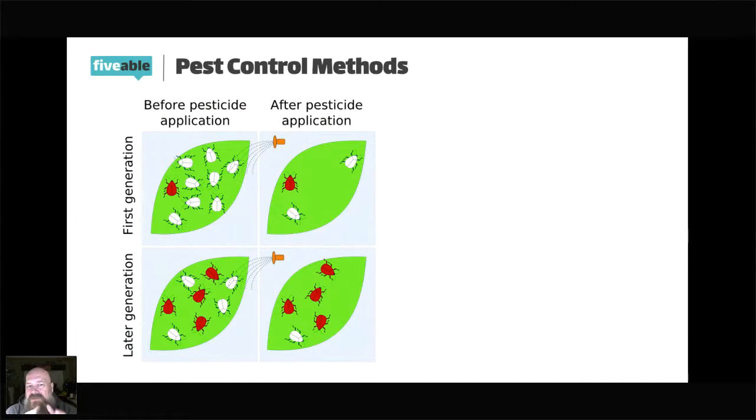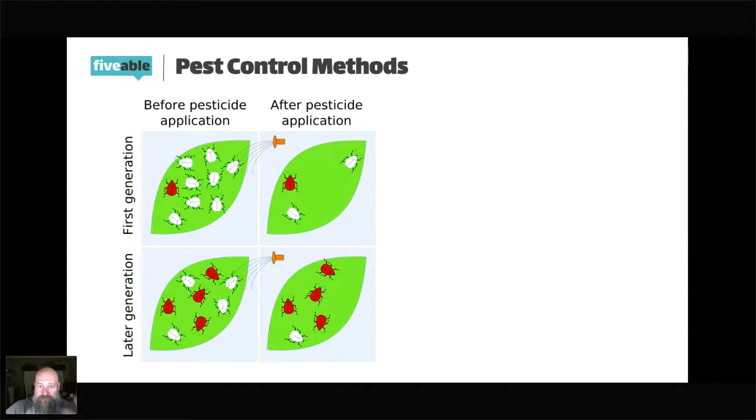Why is that red one still there? Why did it kill most of the white ones and not the red one? It's not technically dependent on their color. We're just using the color to show something else. What are we showing here with the loss of the majority of the whites and the red not being affected? I have to go back to your biology class to think about this one.